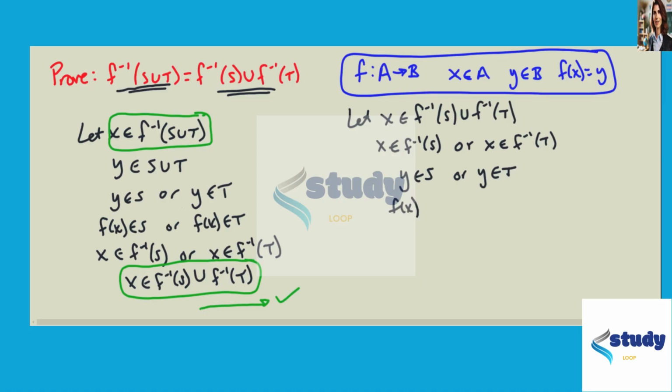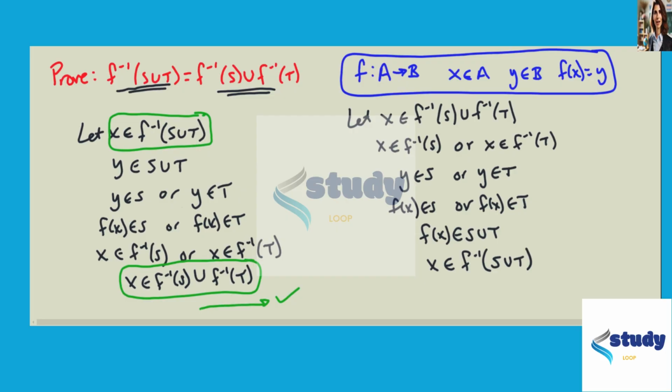So f of x is an element of s or f of x is an element of t. So because it's an or, I could put that together as a union. It's an element of s union with t. So I can also write this as x is an element of the inverse function of s union t.